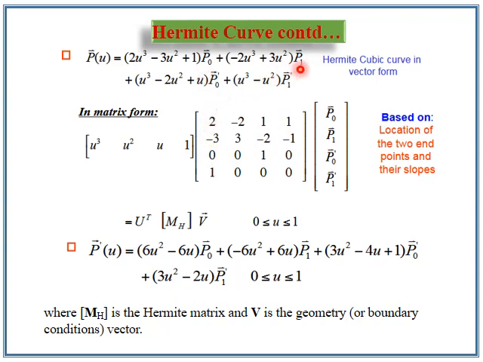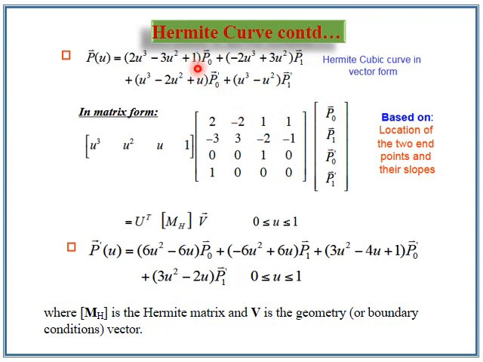And in case of p1, what will be the answer? Here for u power 3, minus 3, and here for u power 2, plus 3, and in this u power 3 minus 2, and in this u power 2 minus 1. And in case of u, which is nothing but p0 dash, the derivative of p0, what will be the answer?